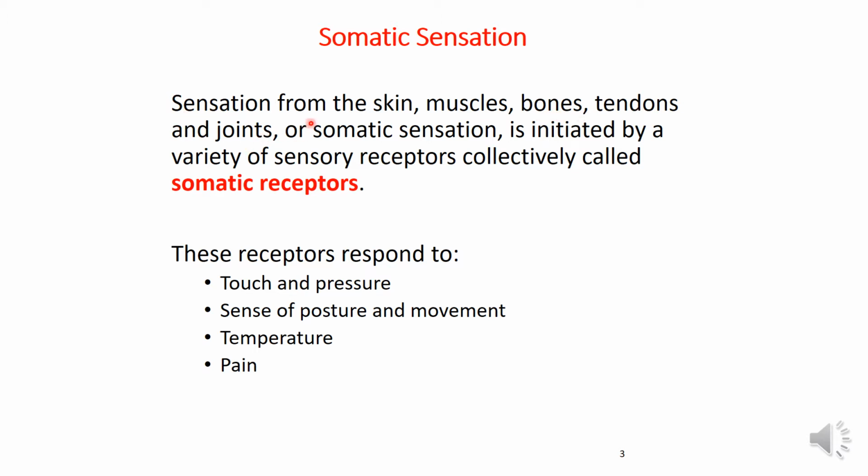These structures are known as the somatic structures, and the receptors located in them are known as the somatic receptors that give the somatic sensation. The somatic receptors give the following types of somatic sensation: touch and pressure, sense of posture and movement, which we name proprioceptive sensation, temperature, and pain.